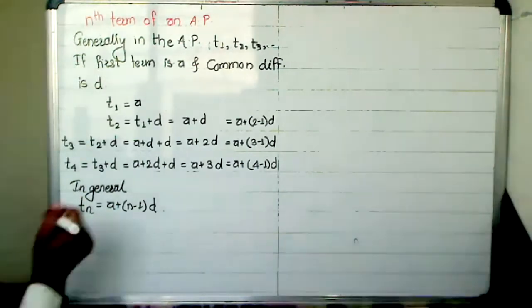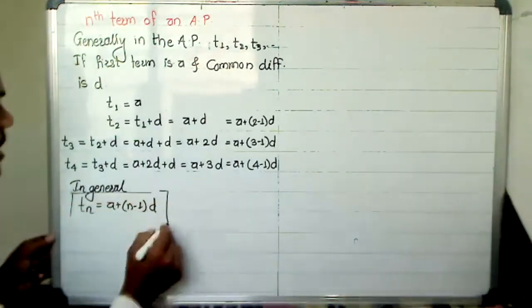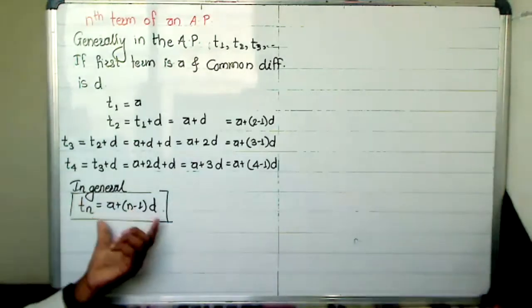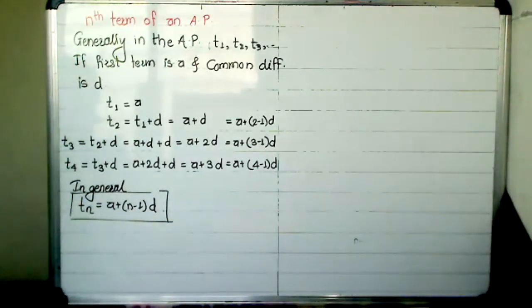So always remember this formula is very important to find the nth term of an AP. This is an important formula. So we will use this formula. Now we'll solve some examples based on this formula.